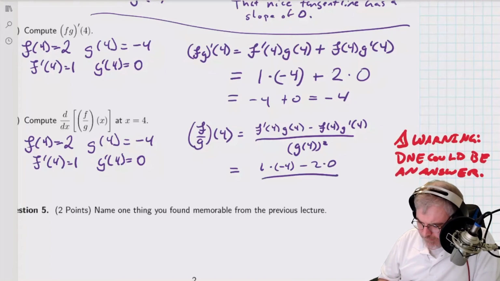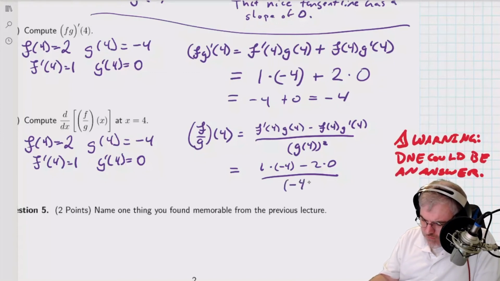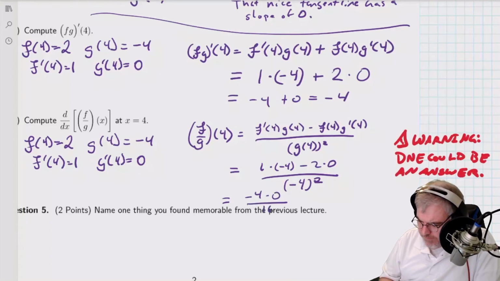Over this term here, g of 4 is -4 squared. So that's going to be -4 minus 0 over 16. Or I could have just canceled them because it's the same number. Now it's going to be -1 over 4, assuming I did the math right.